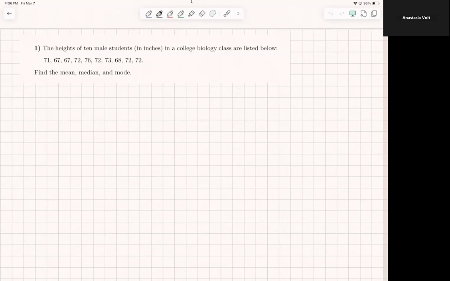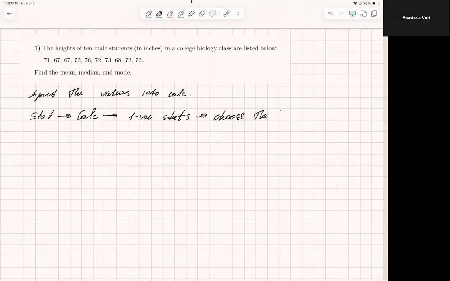So first, if we want to use a calculator, you would input all the values into the calculator, right? And then you go to stat, calc, one var stats, and then choose the list.